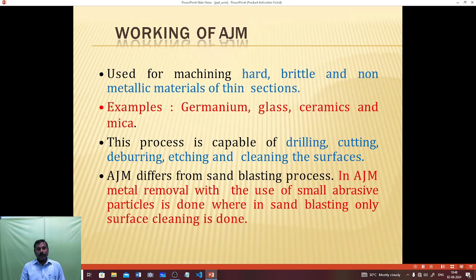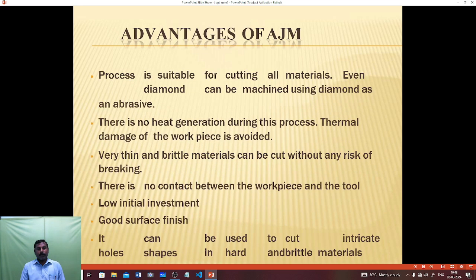Abrasive jet machining differs from the sand blasting process. In abrasive jet machining, metal removal is done with small abrasive particles, whereas in sand blasting only surface cleaning is done.